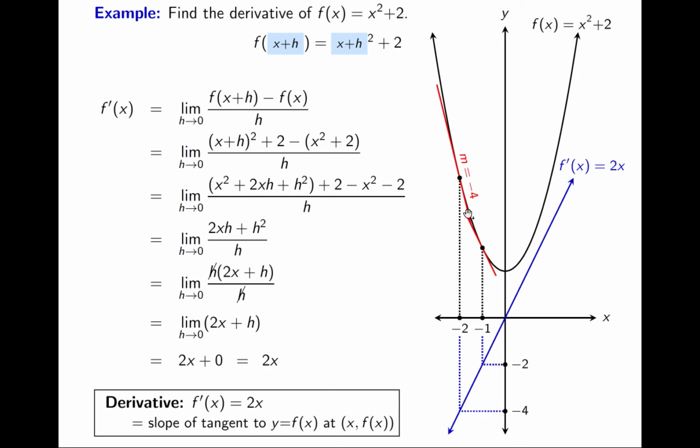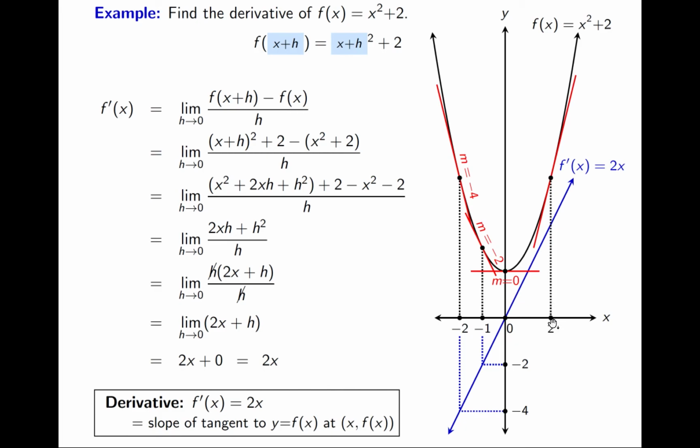So the slope of this tangent line is going to be -2. At x equals 0, if we look at the tangent line to the graph of f at x equals 0, clearly its slope is 0 from this picture, and notice that if you plugged in 0 to the derivative, f prime of 0 is 2 times 0 or 0, that's the slope of this tangent.